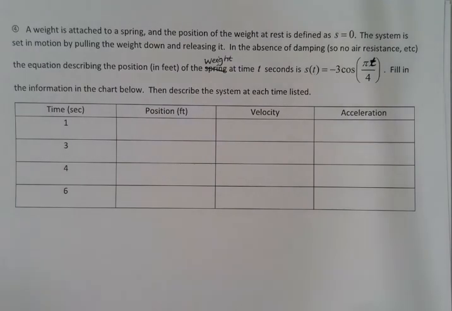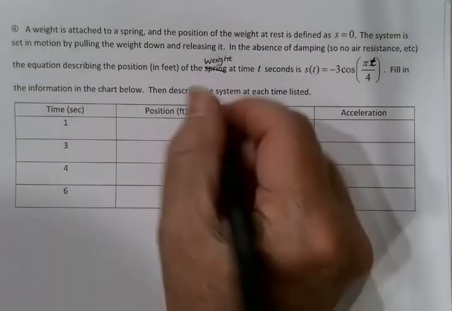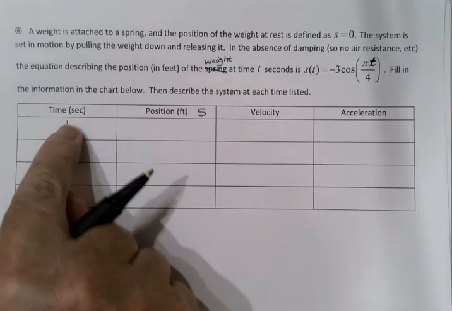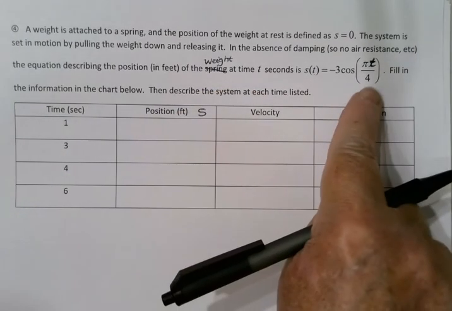I would like you to go ahead and fill in the information in the chart. Notice for a bunch of different times, we're asked to find a position, a velocity, and an acceleration. Now we were given the position equation, so that one's no problem at all. The position is just going to be s, and all I have to do is plug in these various values for t.